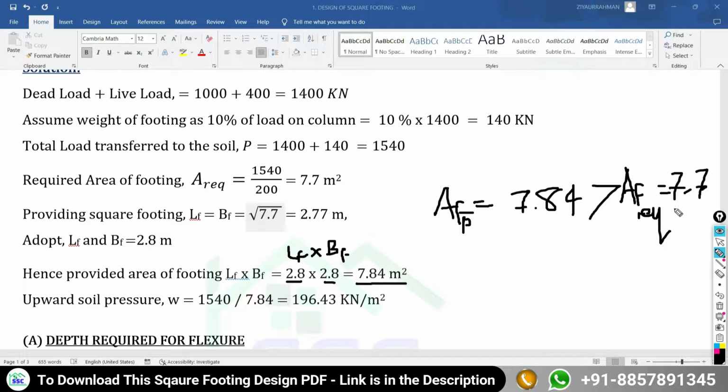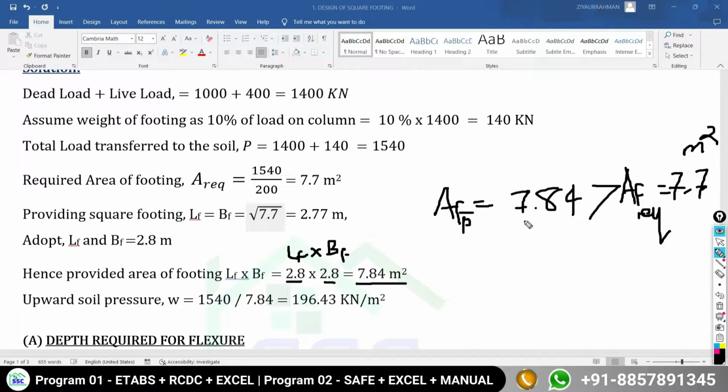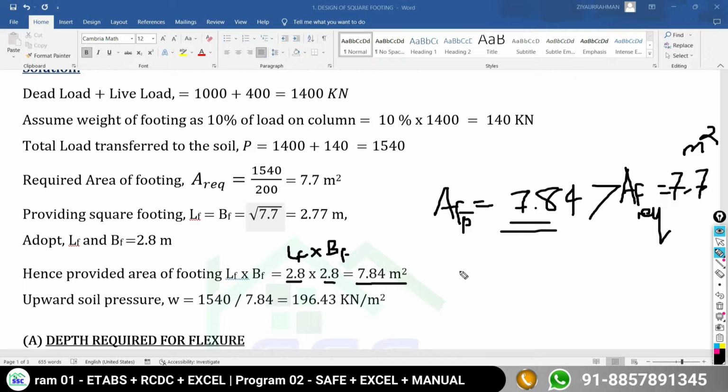So 7.7 meter square is the area of footing required, and 7.84 is the area provided. In any problem, while designing the foundation, the area of footing provided should be more than the area of footing required. Remember this point.